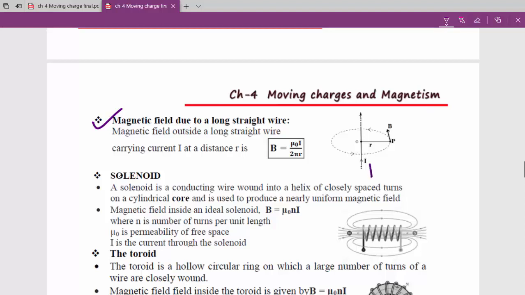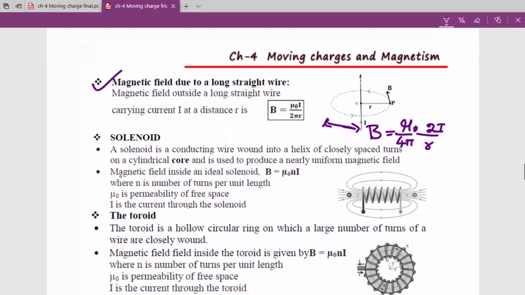Otherwise you can write the same formula as B equal to mu naught by 4 pi 2 I by r. Both are the same, just 4 pi is used. Why do I place 4 pi? Because mu naught by 4 pi value is 10 raised to minus 7. If you write mu naught by 2 pi, you have to write one more 2. That's why mu naught by 4 pi value is 10 raised to minus 7.